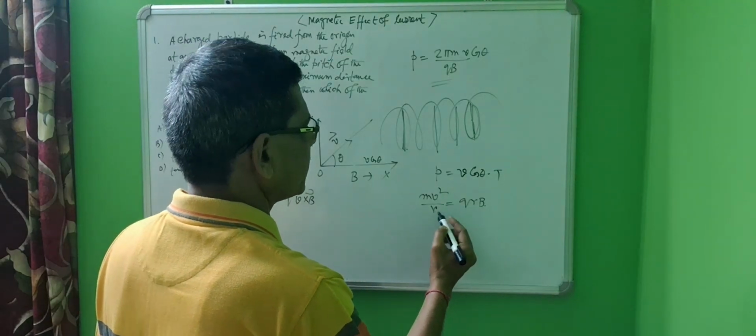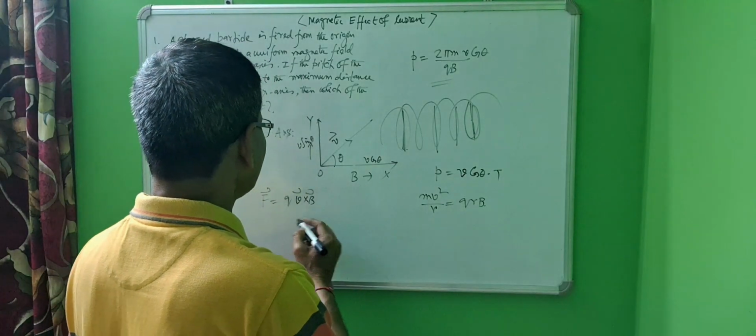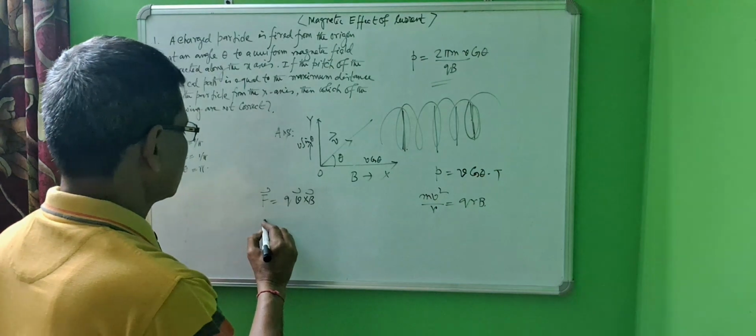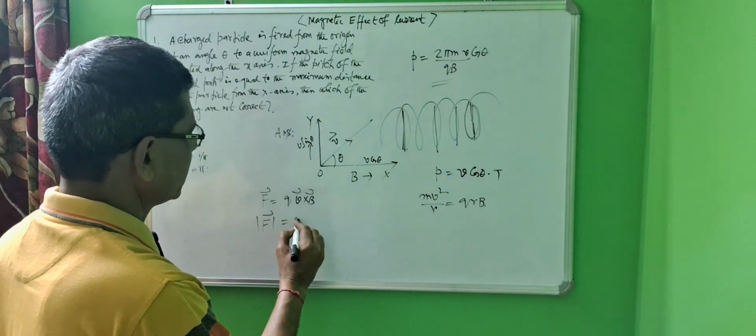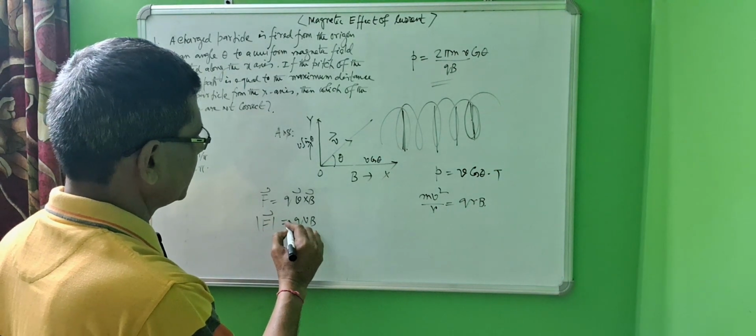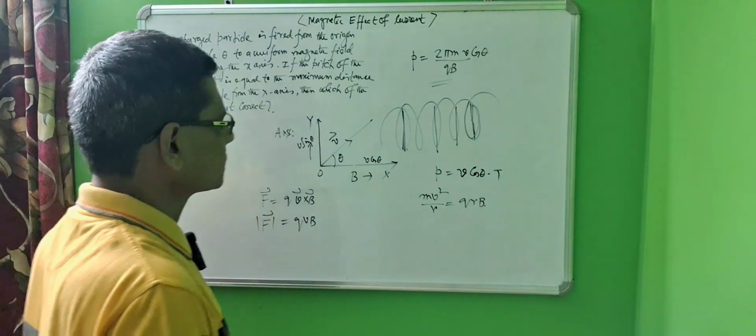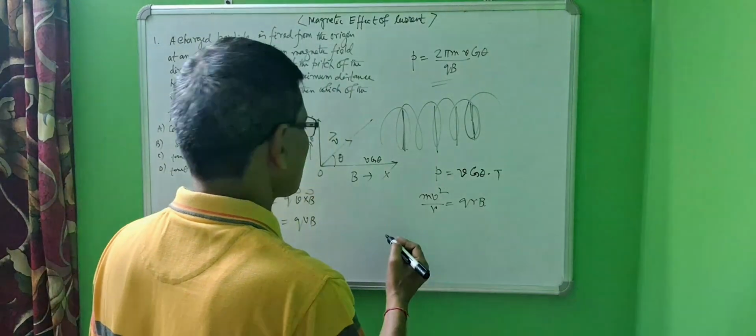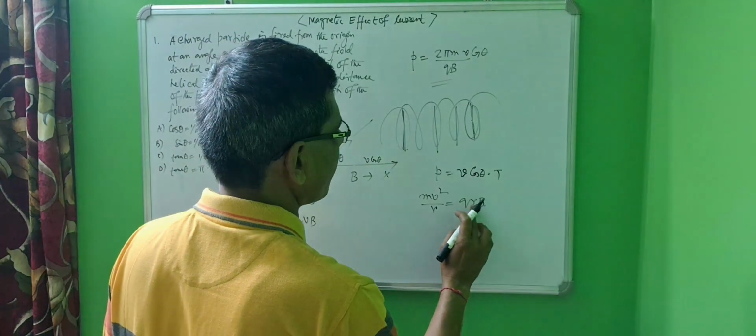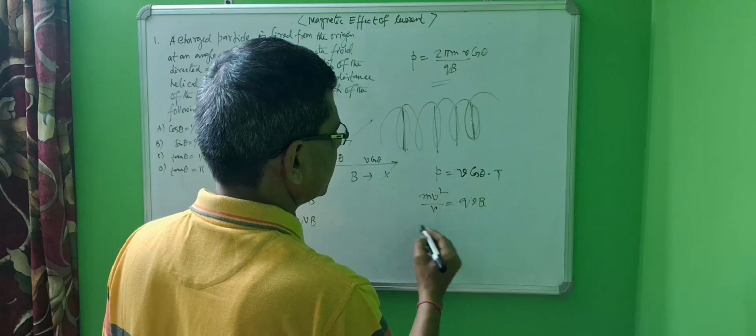And so we write here by taking the scalar modulus, we get QVB.